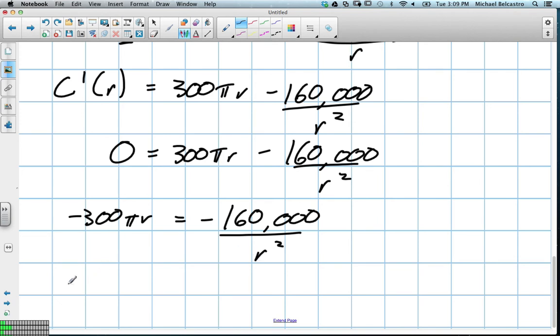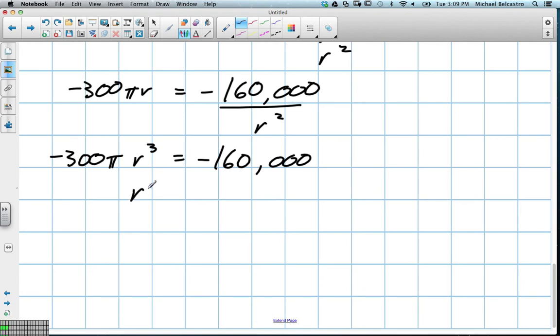I can bring over r squared, which gives 300 pi times r cubed equal to 160,000. Which would then give me r cubed is equal to 1,600 over 3 pi, and I bring the pi over.